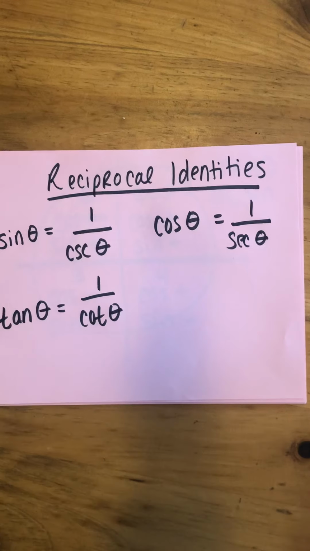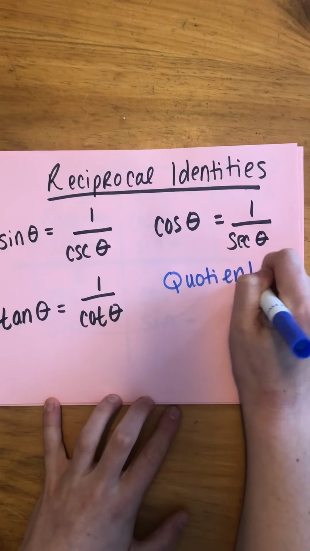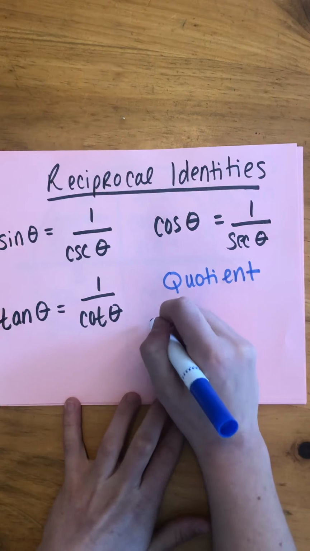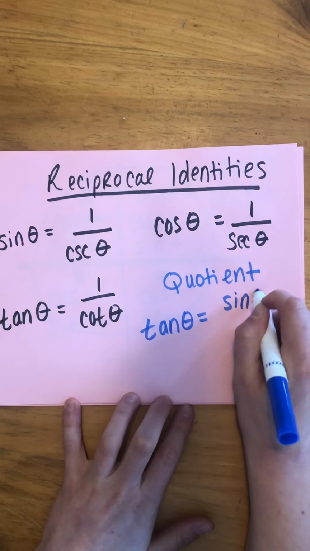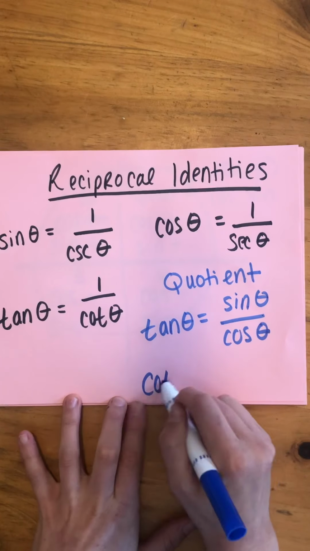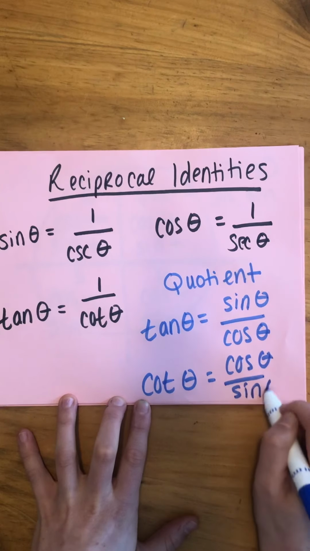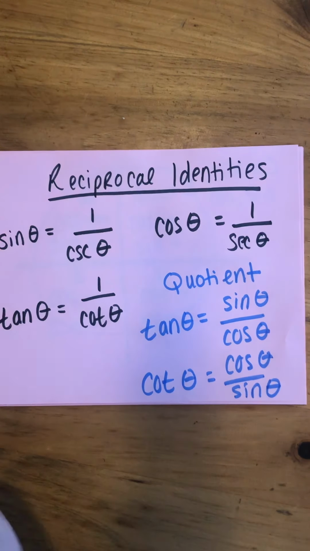Then we have the quotient identities, which say tangent is sine over cosine. Since cotangent is the reciprocal, cotangent is cosine over sine. So those are our first identities that we like to talk about.